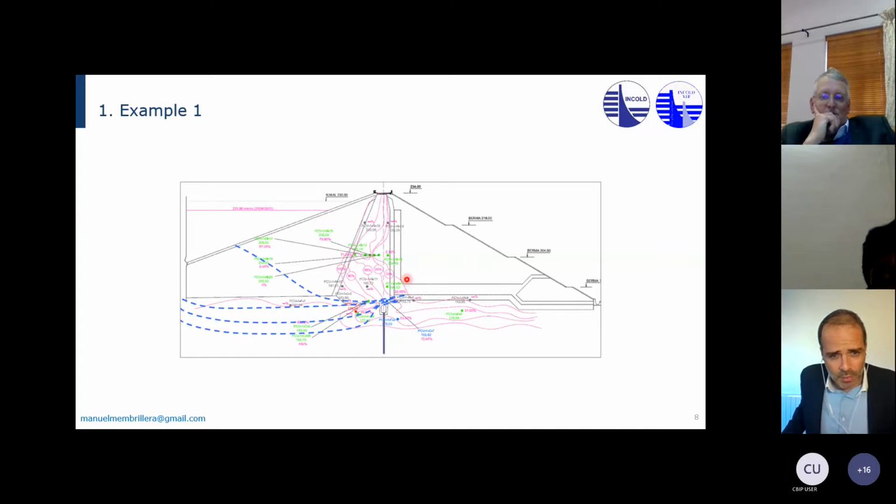This filter does not comply with the empirical criteria for granular filters, and these are just the lines with the same pore pressure levels. So you can see this is a dam with lots of issues where monitoring is critical.